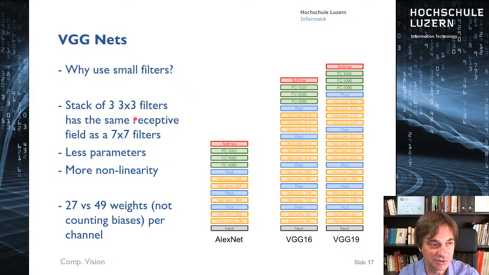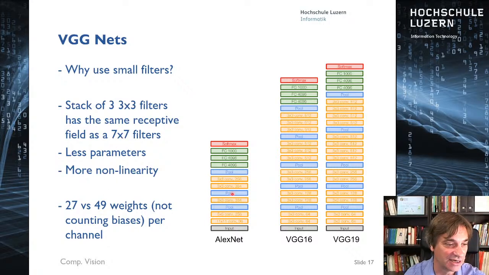So for the output, you will look at the same neighborhood of the image as a 7x7 filter. But you actually have fewer parameters. With a 7x7 filter, you have 49 weights, while one 3x3 filter only has 9 weights. And so if you have 3 of them, you have 27 weights, which is less than one of the 7x7 filters.